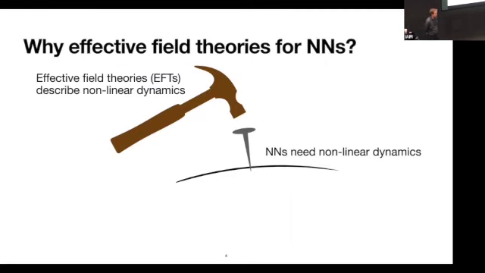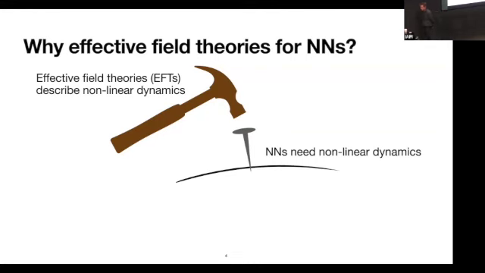Why do we want to do this? It is basically because neural networks are nonlinear systems, and we need to understand their dynamics in order to answer these big questions.